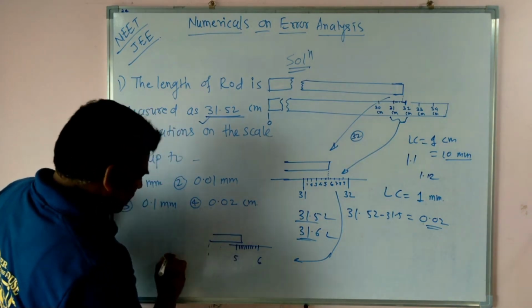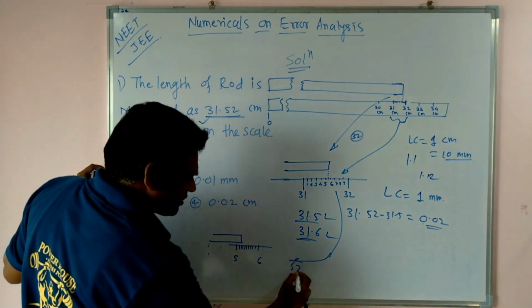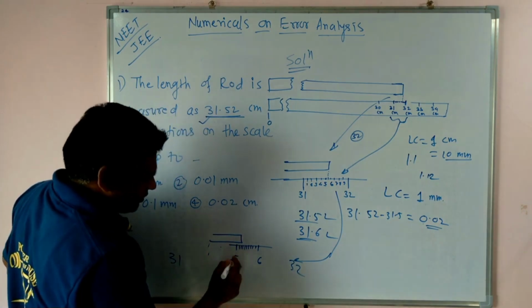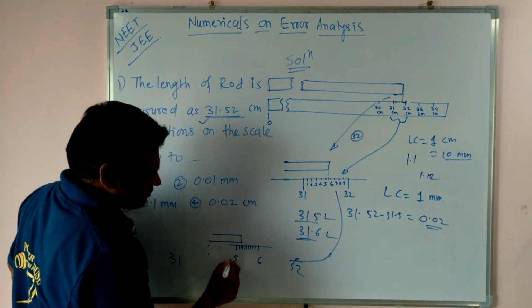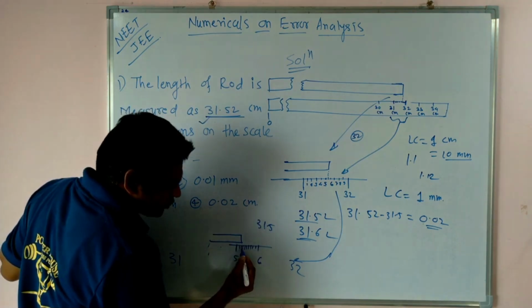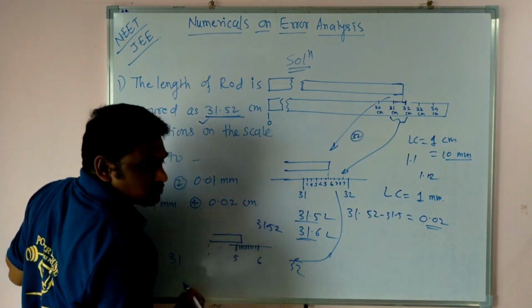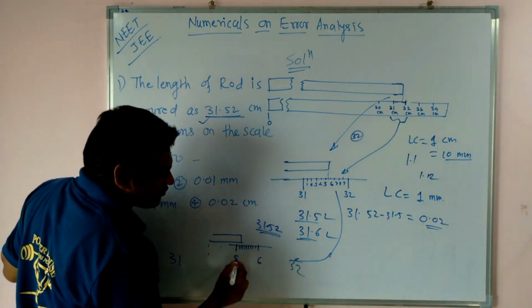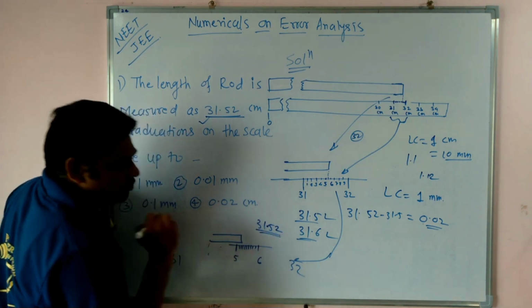Somewhere on this side it was 31, on this side somewhere 32, so 31.52 we can measure. 31.5 is already up to this, after that 1, 2. So 31.52 we can measure now in this case.